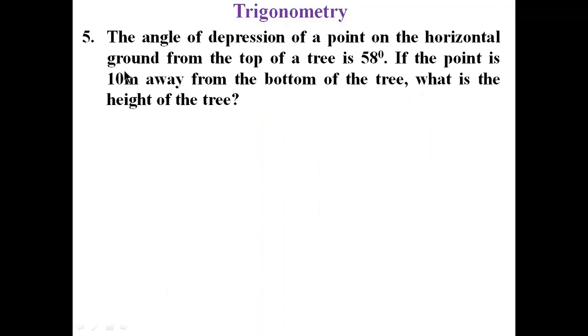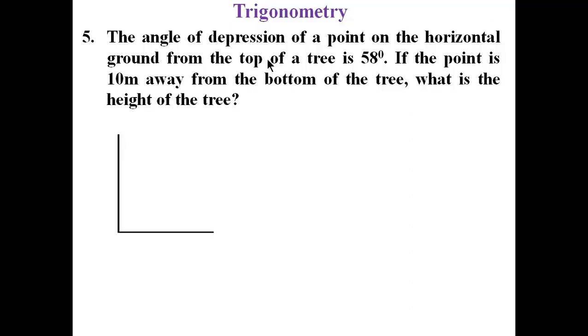Problem 5. The angle of depression of a point on the horizontal ground from the top of a tree is 58 degrees. If the point is 10 meters away from the bottom of the tree, what is the height of the tree? We need to give a diagrammatical representation of the information in the problem. So here we have to get the horizontal ground, then get the height of the tree.